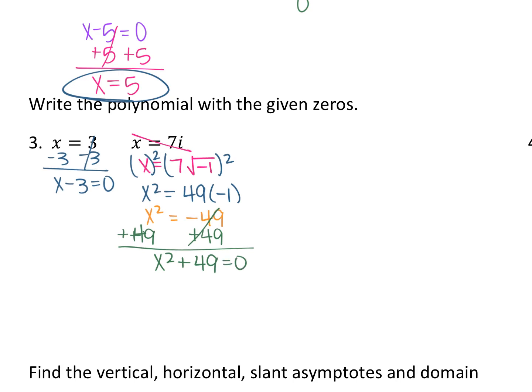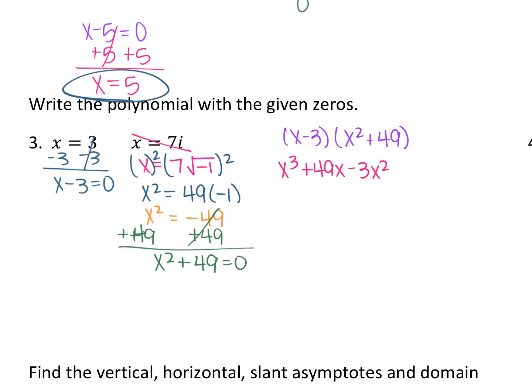So now you are multiplying x minus 3 times x squared plus 49. Your x times x squared is x cubed. x times 49 is 49x. Negative 3 times x squared is negative 3x squared.